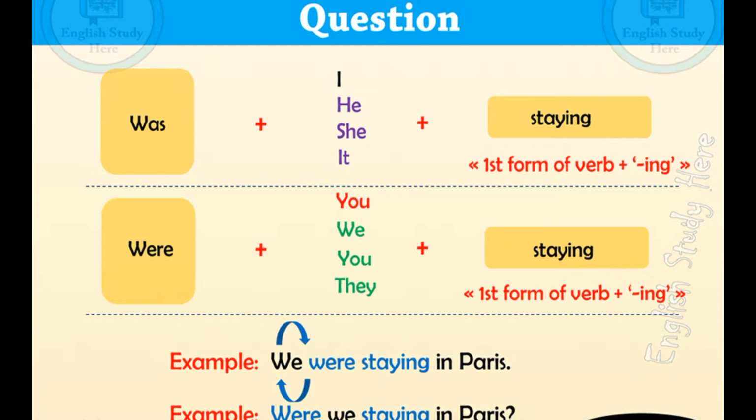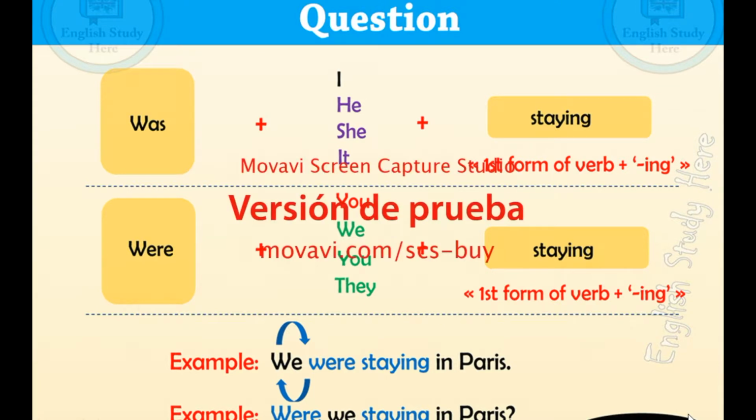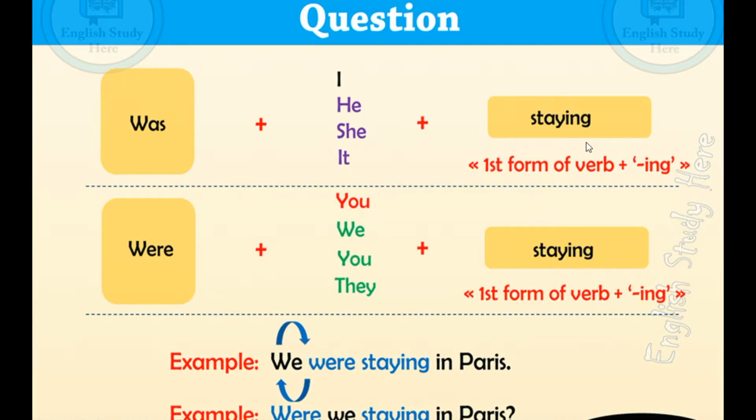For the structure in question, we need first the auxiliary was, then the pronoun I, he, she, or it, then the first form of the verb plus -ing. For this example, was he staying?